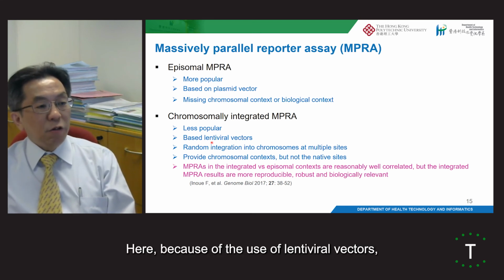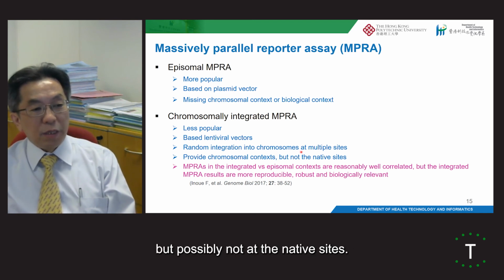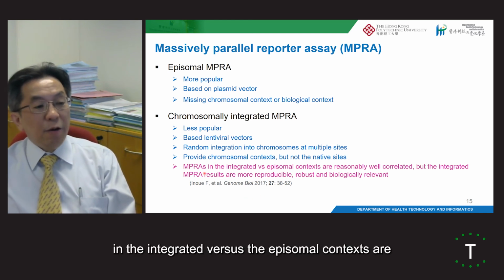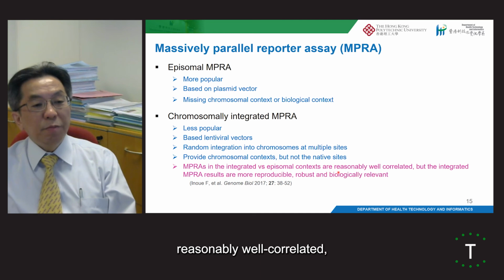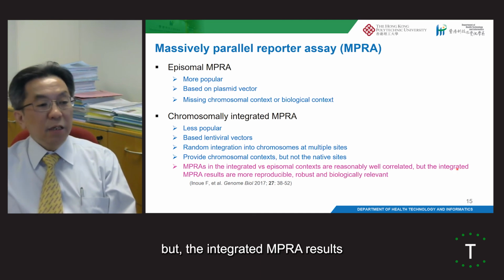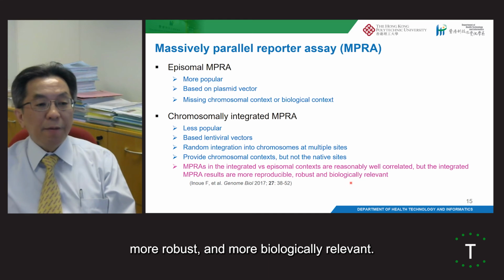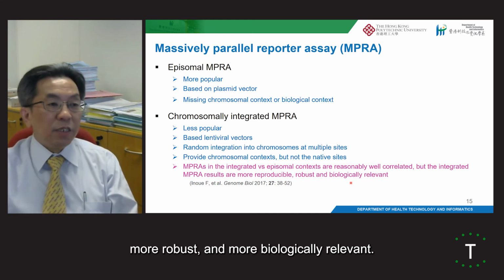Because of the use of lentivirus vector, the fragment of interest is randomly integrated in the chromosomes at multiple sites, but possibly not at the native sites. The observation is that MPRA results in the integrated versus the episomal context are reasonably well correlated. But the integrated MPRA results are more reproducible, more robust, and more biologically relevant.